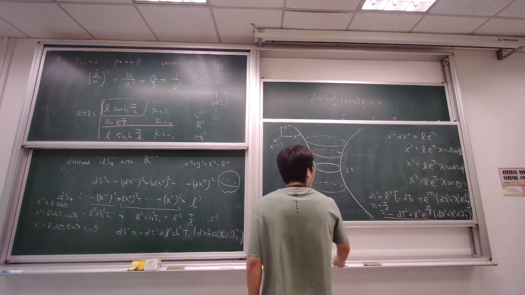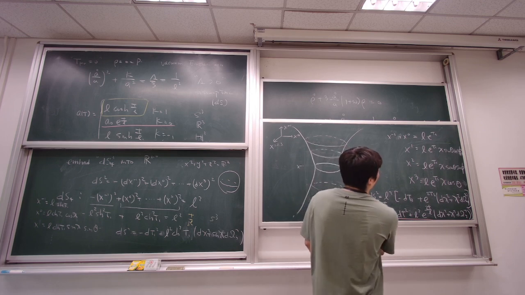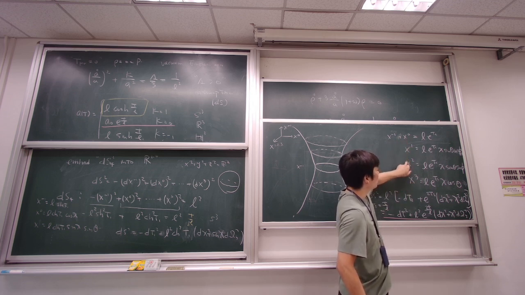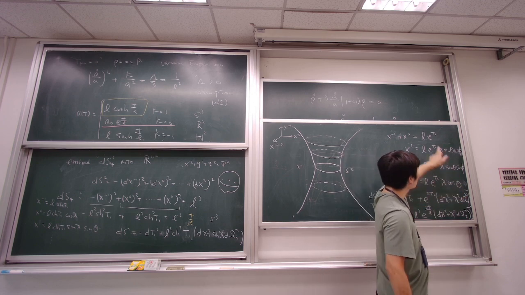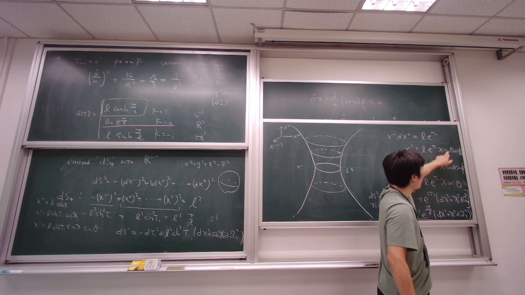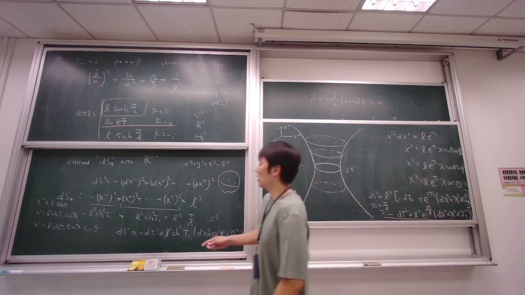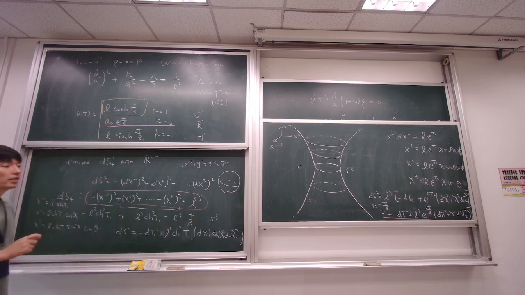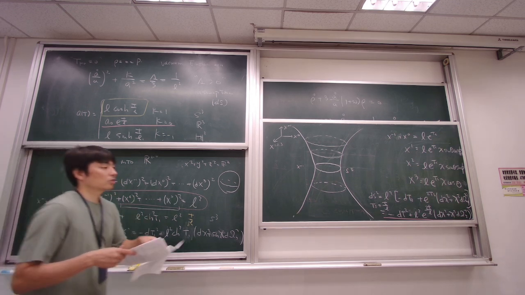In fact, here we have to use this relation. So you have five variables. But here you have fewer variables, tau 2, chi, theta, phi. But you have to impose this condition to obtain this relation, to obtain this metric.